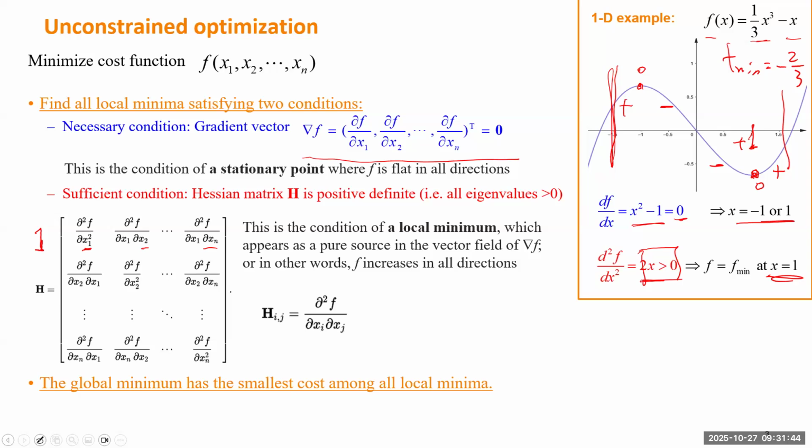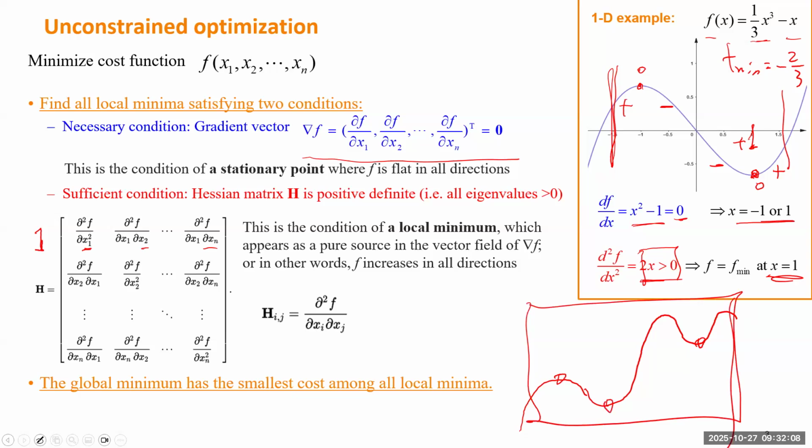If you only find a local minimum, it doesn't give you a good solution, because for a more complex curve, it's possible some local maximum may have a lower cost than some local minimum, right? In this case, if we investigate this area, this one definitely will be the final solution, the local minimum point with the smallest cost.